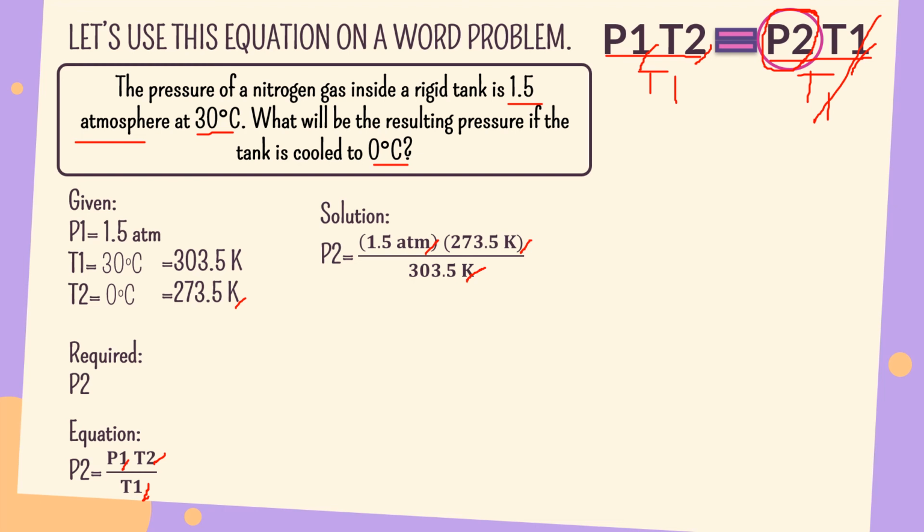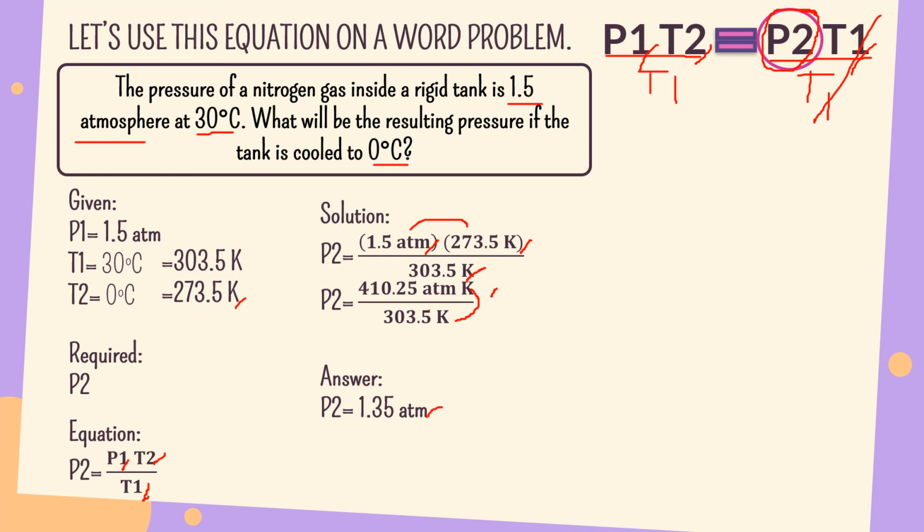First we need to get the product of final temperature and initial pressure. So 1.5 multiplied by 273.5, we will have 410.25 atm Kelvin over 303.5 Kelvin. Now we need to get the quotient of the two. So we divide 410.25 by 303.5 and we come up with the answer of 1.35 atm.